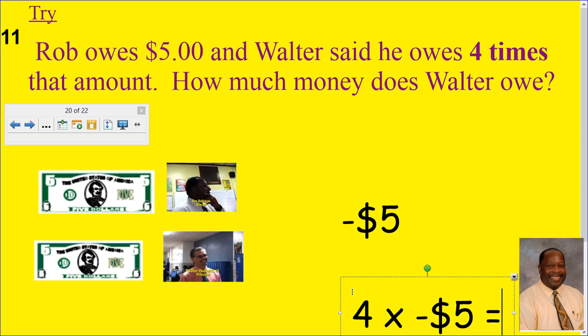So here we have a great example of multiplying 4 times negative 5. So what do you think that is? Signs are different. Gives us negative.